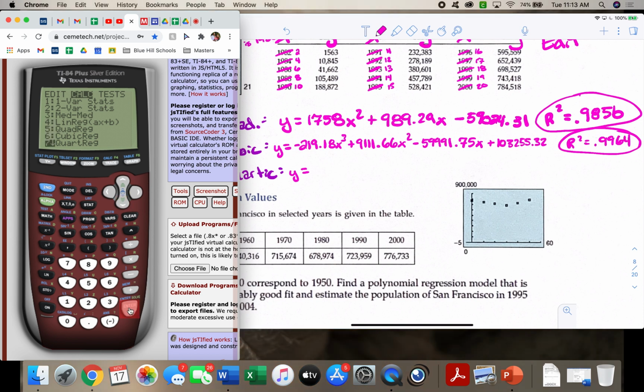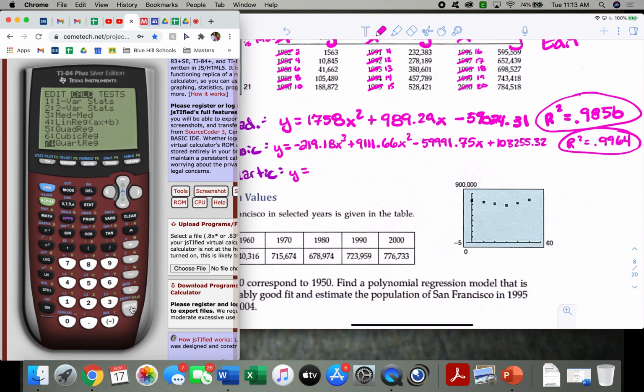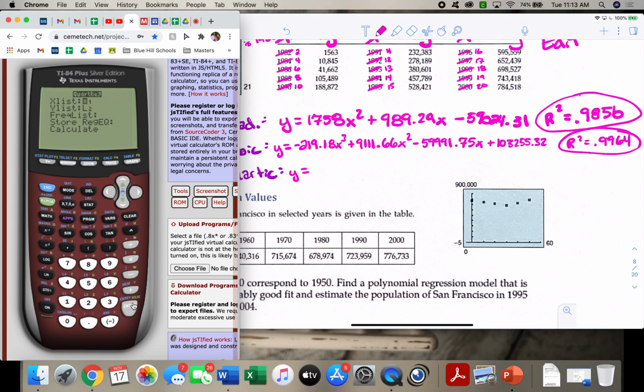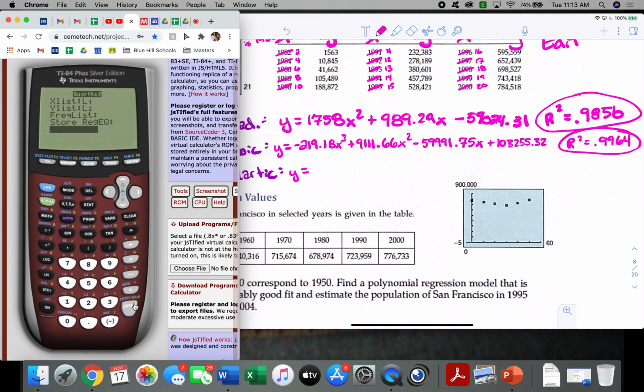Enter. What is it? It's AX cubed plus what? So it's AX squared? Let me get mine going.